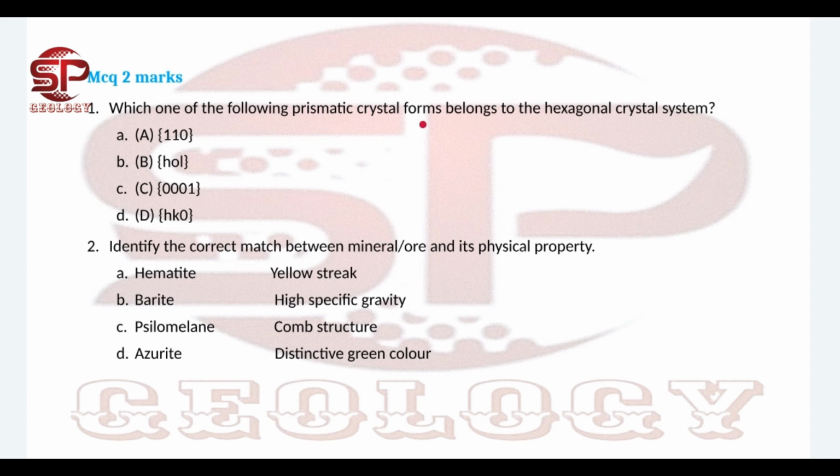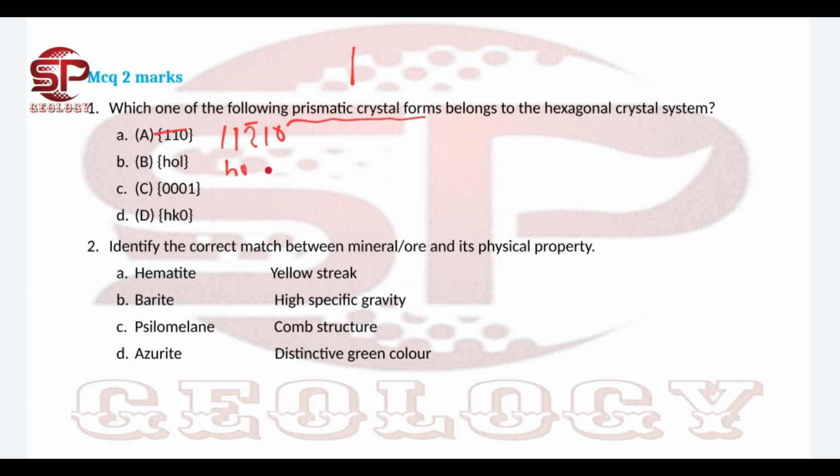Which one of the following prismatic crystal forms belongs to the hexagonal crystal system? Which is a prismatic crystal? So prismatic crystals are, you can say, crystals where one axis is parallel to all faces, or you can say C axis parallel to all faces. Here actually the symbol is given 1, 1, 2 bar, 1 naught.